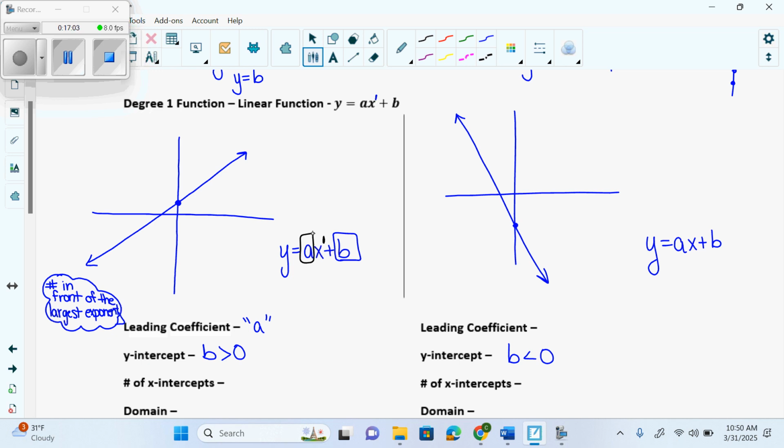So, the leading coefficient, we're going to write this up here to remind ourselves. And this works for every function. The leading coefficient tells how the graph ends on the right.